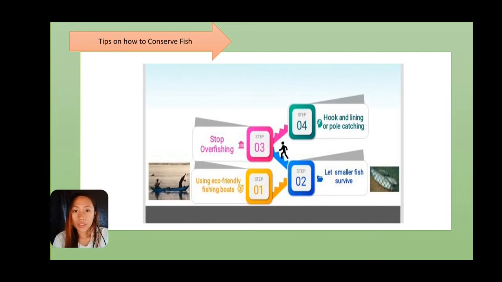It is also good according to my research, because you can choose the fish you like, and if you catch fish that are small or that you don't want to keep, you can release them immediately. So it is supposedly safe. Okay? So that was all the tips on how to conserve fish.